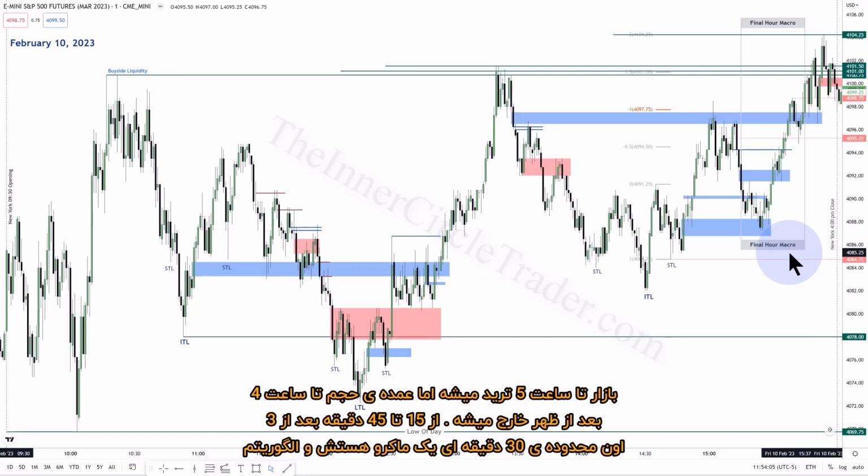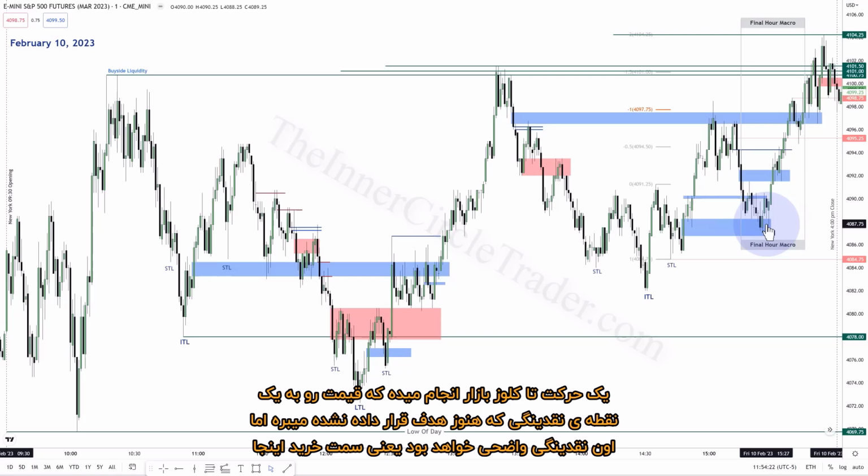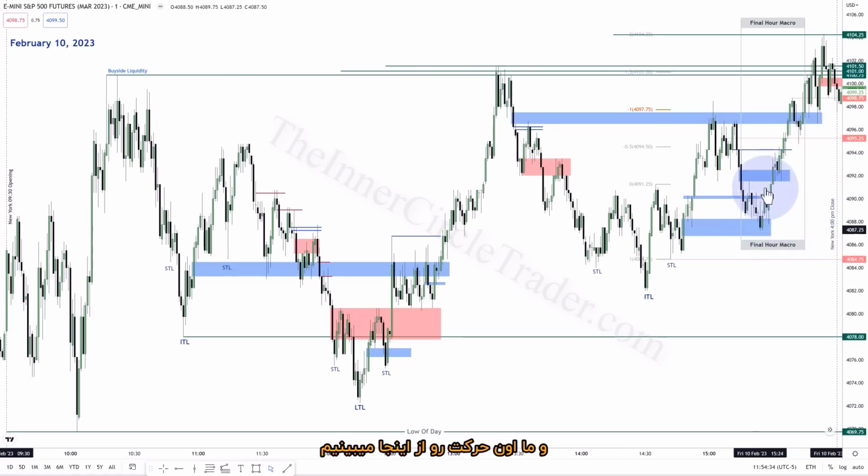Yes, it trades till 5 o'clock, but the bulk of the volume is going to be encapsulated by 4 p.m. 15 minutes after 3 to 45 minutes after 3, that 30-minute interval is a macro. And the algorithm will do a market on close run where it spools to a point of liquidity that had not been targeted yet, but would be the obvious one, that being the buy side here. And we see that run from here.